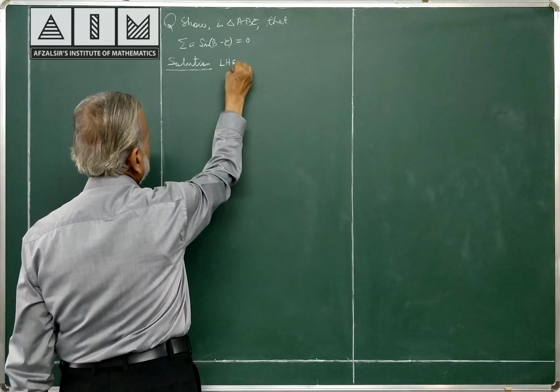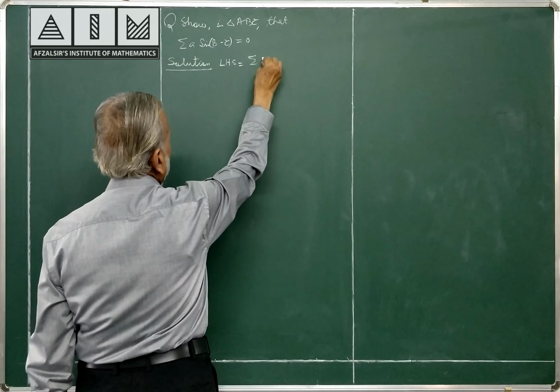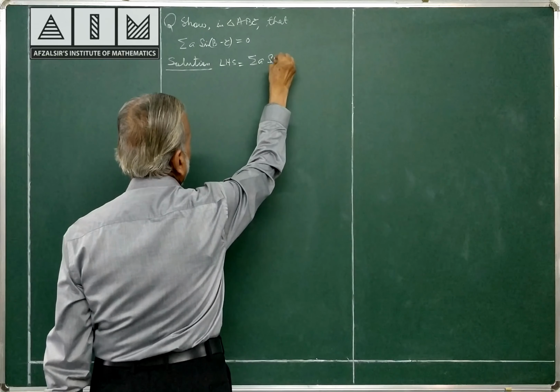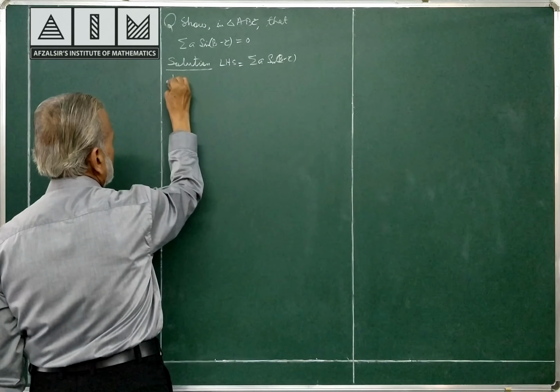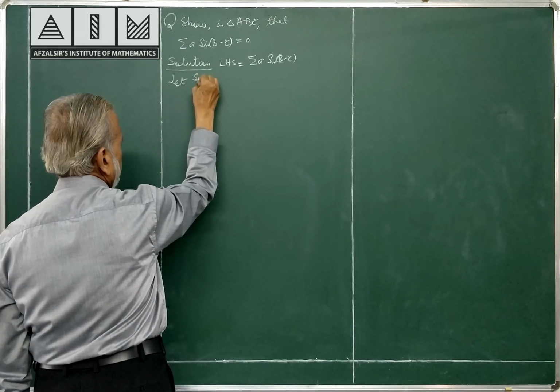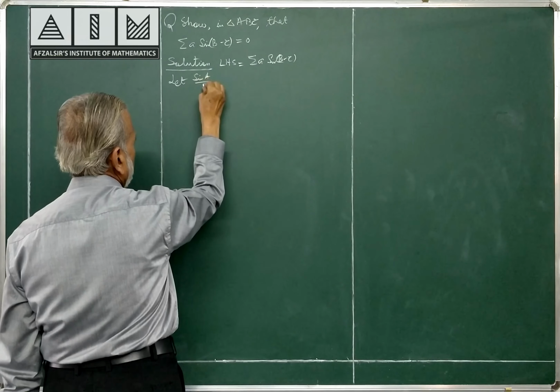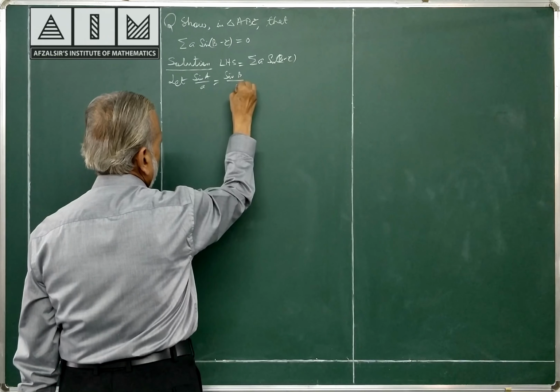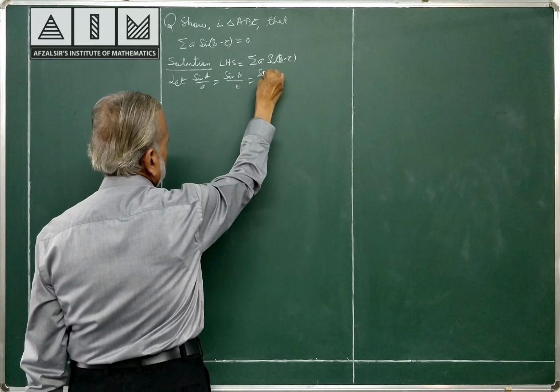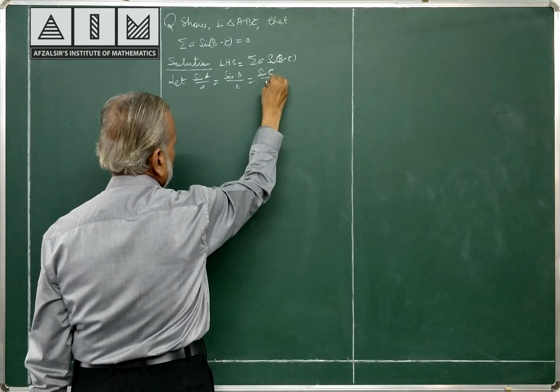Your left hand side is sigma A sin(B minus C). Let sin A by A is equal to sin B by B is equal to sin C by C is equal to K, as we have taken in the previous question.